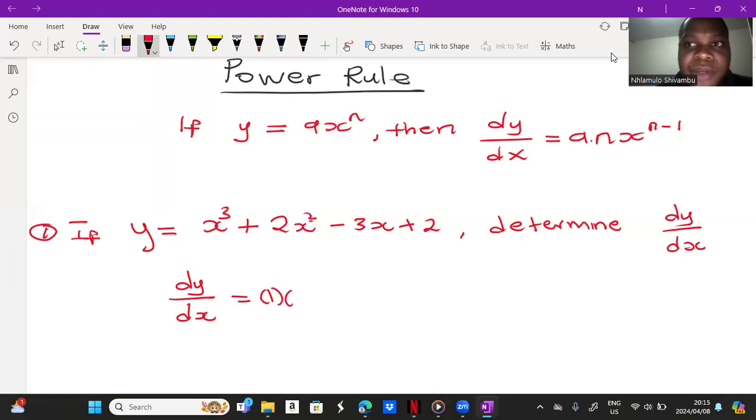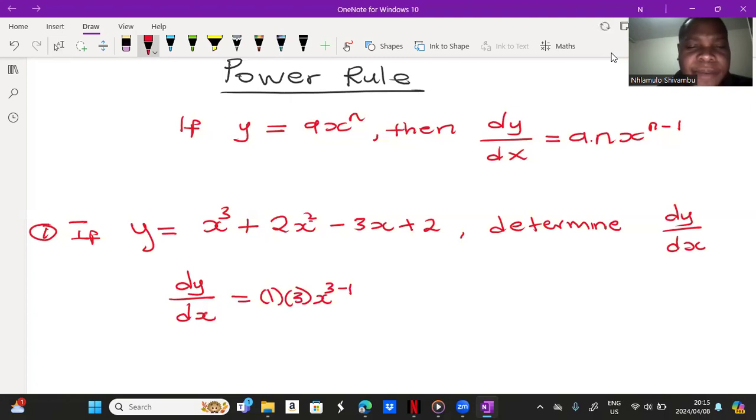Remember, we take the exponent and multiply it with the coefficient. That's 1 times 3, x, and then what do you do to the exponent? We reduce it by 1. So this will be exponent 3 minus 1.